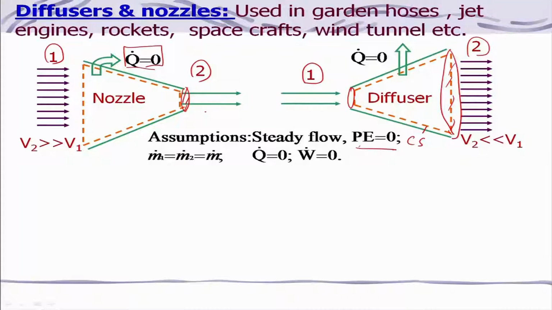And for the steady flow process, we have seen that applying the mass conservation equation, dm by dt is nothing but m dot 1 in this case minus m dot 2, this is equal to 0. So, therefore, m dot 1 is equal to m dot 2 is equal to m dot, right. And what is that m dot?